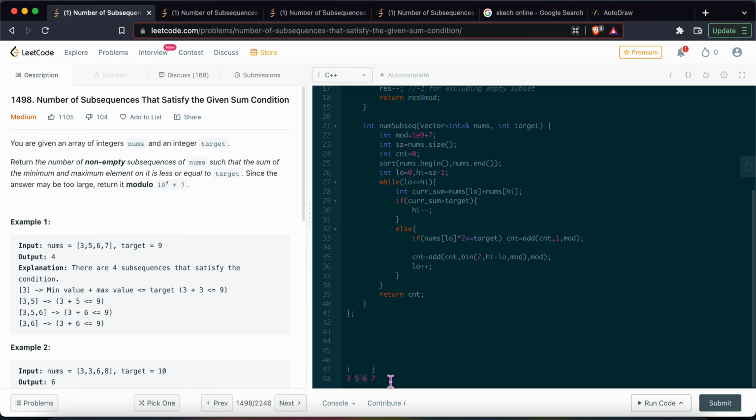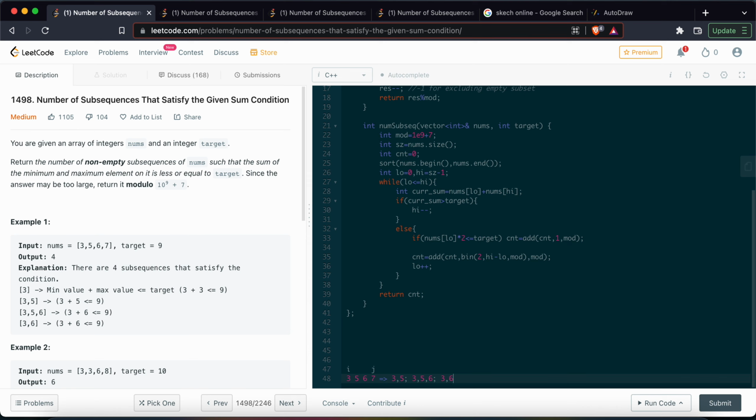Only 5 and 6 we will take as the number of elements, and we will get three proper subsets here. Okay, these proper subsets will be 5, 5 comma 6, and 6. Now when this ith position 3 is combined with them, it will be like this.